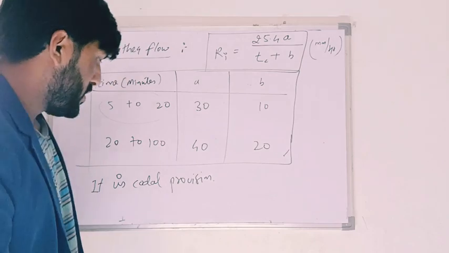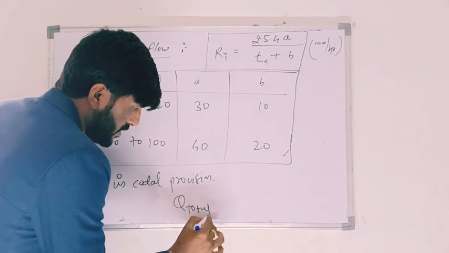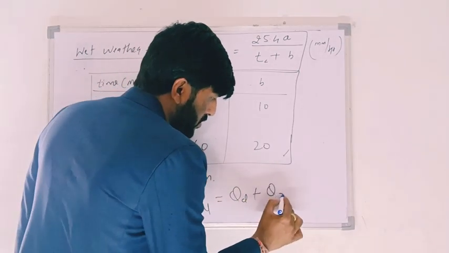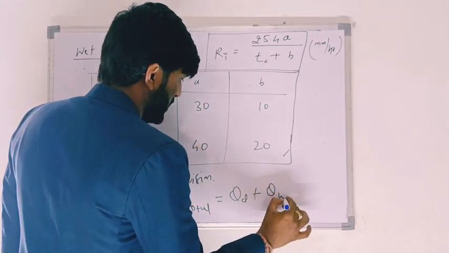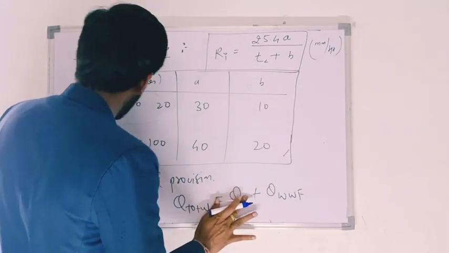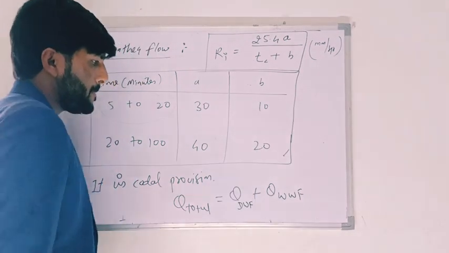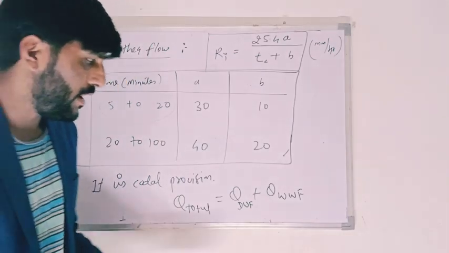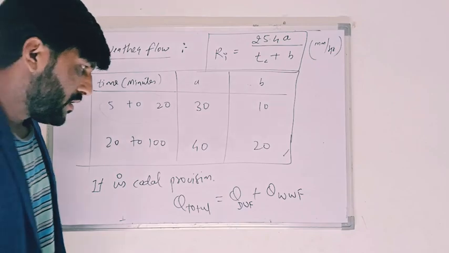Understand? Now, Q total is equal to Q dry plus Q wet. You have calculated dry weather flow and now you have calculated wet weather flow.